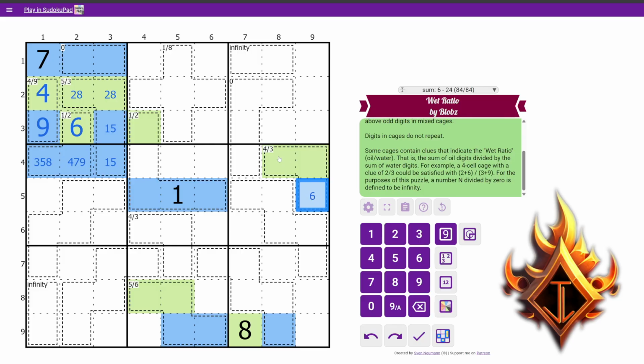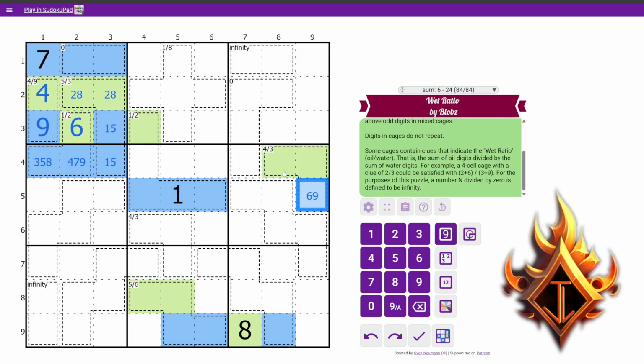If this was 6, this is 8. If it is 9, this is 12. This is also 12. That would be 24. 21 there. It seems like it might be okay.